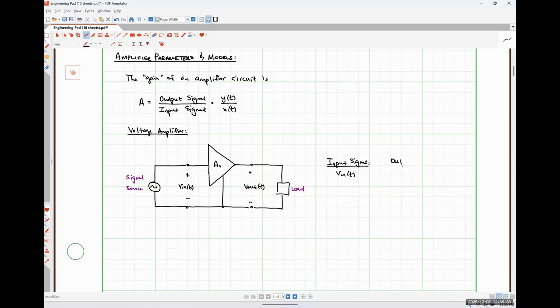Our output signal is also a voltage, Vout of t. And so from this, our gain is defined as A subscript V, which just stands for voltage gain, is Vout over Vin, and it will have units of volts per volt.